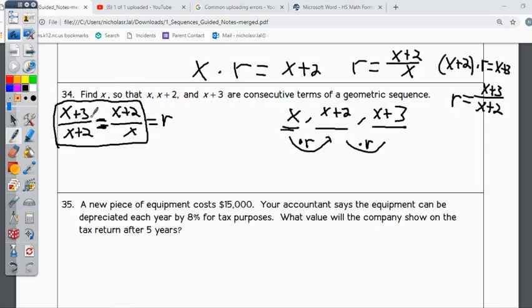You cross multiply, multiplying across and then setting the two products equal to each other.